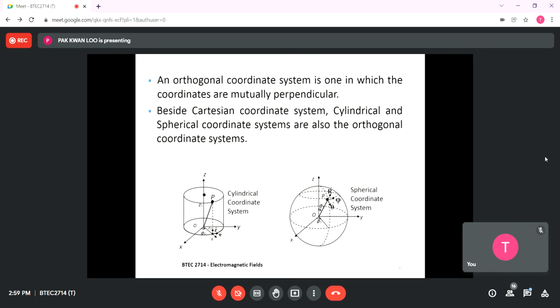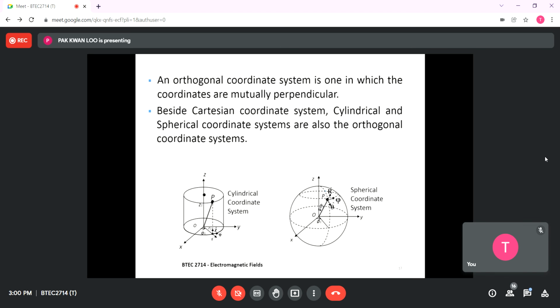I believe that you have come across the Cartesian coordinates, which refers to x, y, z. The other two coordinate systems, also called orthogonal coordinate systems, are the cylindrical coordinate system and the spherical coordinate system.